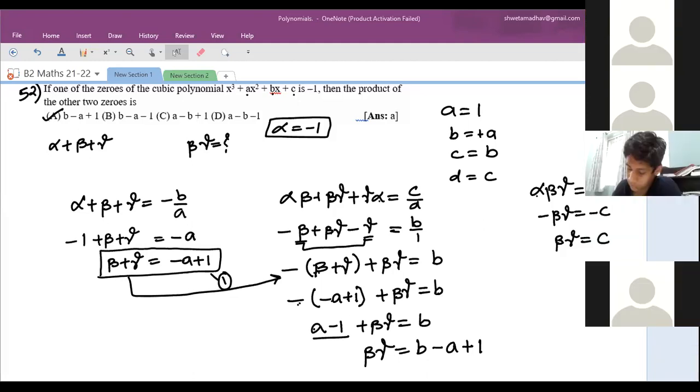Ma'am, for the 53rd question, I'm getting 5 by 6, but the answer in the book is 5. It is minus 5 by 6 divided by minus 1 by 6, so minus by minus gives plus, 5 is the answer. 5 only, the answer is right. Okay.